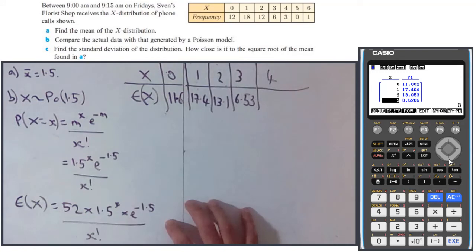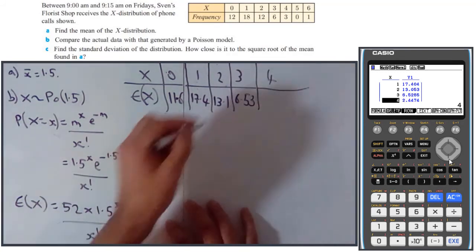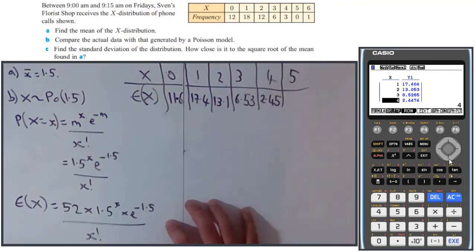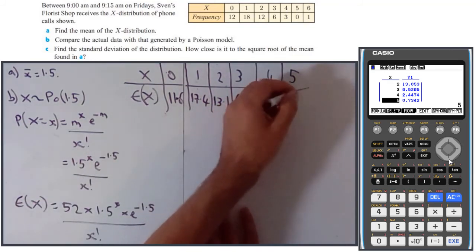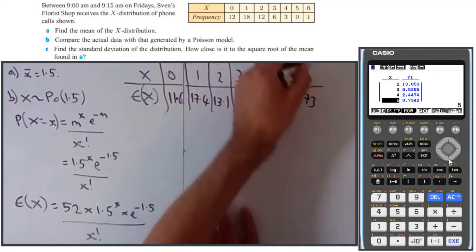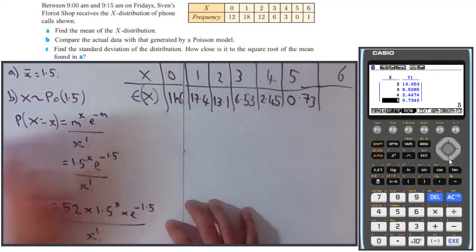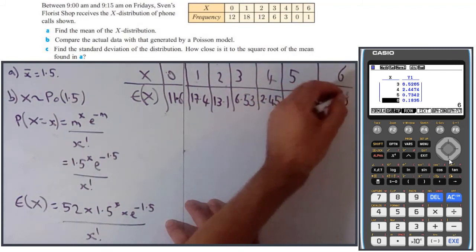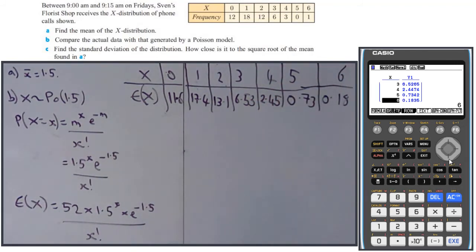For 4 we have 2.45. For 5 calls, 0.73. And for 6 calls, we have 0.18. So these are the expected frequencies if the data were distributed according to a Poisson distribution.